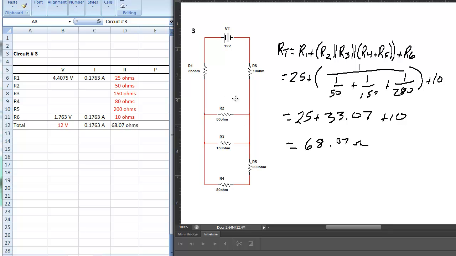There's no other loads in series with the remaining voltage across this section here, so V2 will be 5.8295 volts, and so will V3.